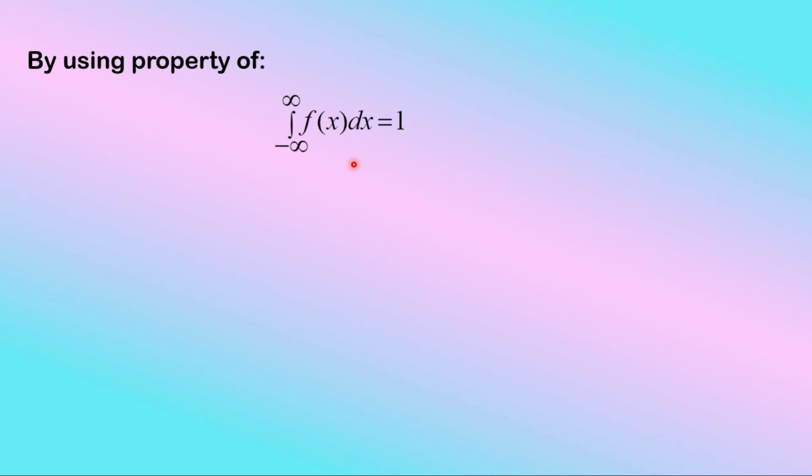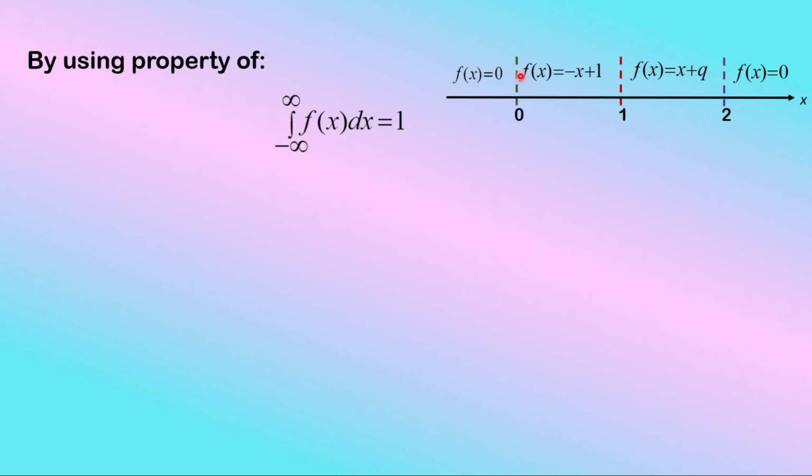Our next goal is to find the constant q. Always use the property of the probability density function to find constants, which is the integration of f(x) from negative infinity to infinity equals 1. This is the real number line. Before that, we have to replace the constant p that we got from the previous solution. So based on the number line, integrate the probability density function in its intervals.